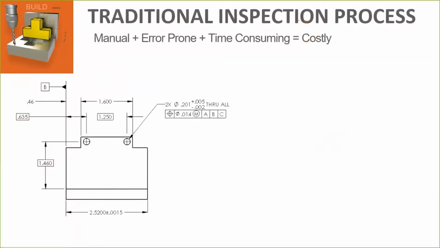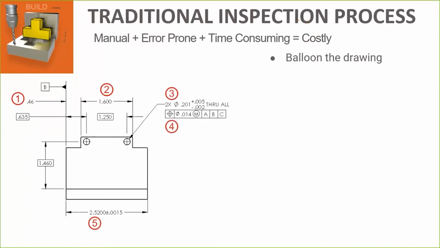Now here's just a high-level example. This is the traditional workflow. We're going to start with our engineering print here. Then we're going to manually add these balloons. Now you could technically add these directly in SOLIDWORKS manually. It still takes a little bit of time.